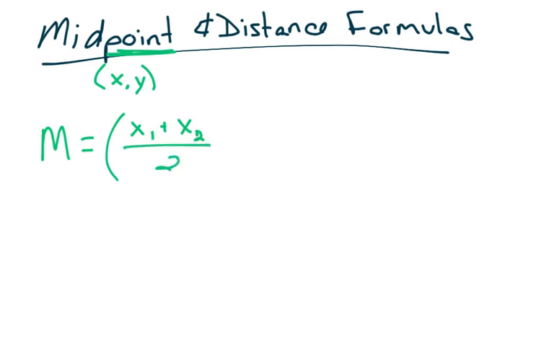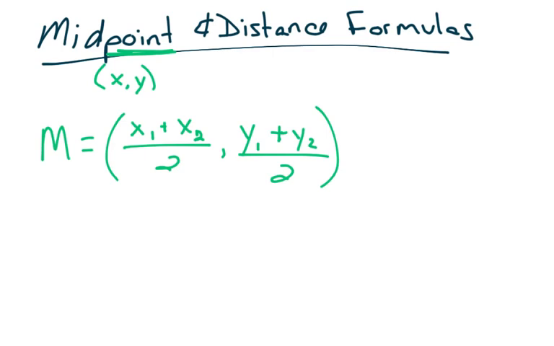Remember, finding averages is adding them up and dividing by how many you got. Well, I have two x values and two y values. And then the y coordinate will be similar, y1 plus y2 all over 2.